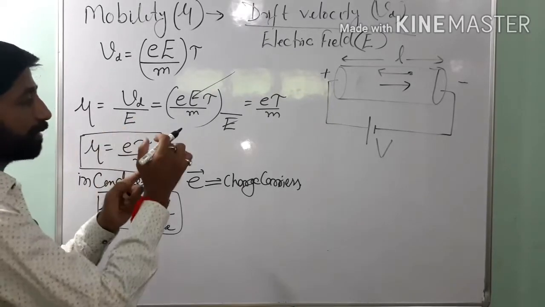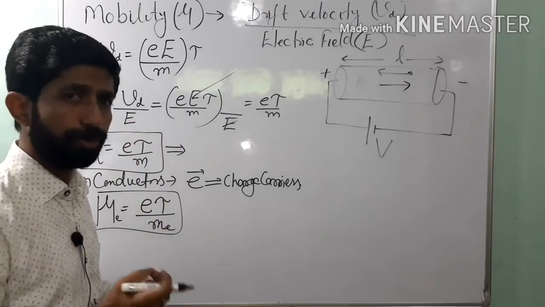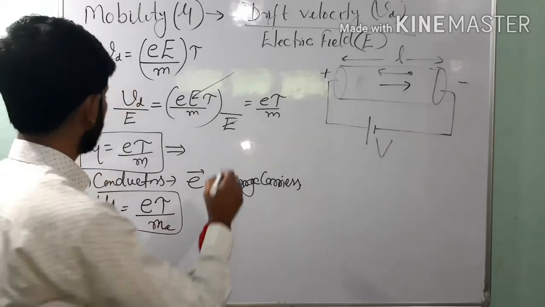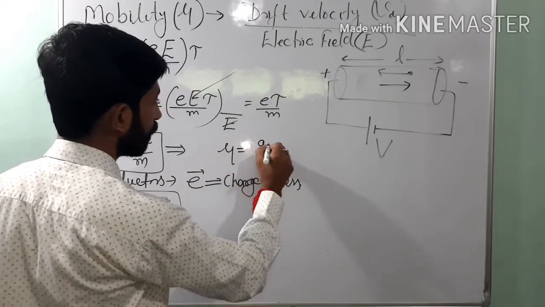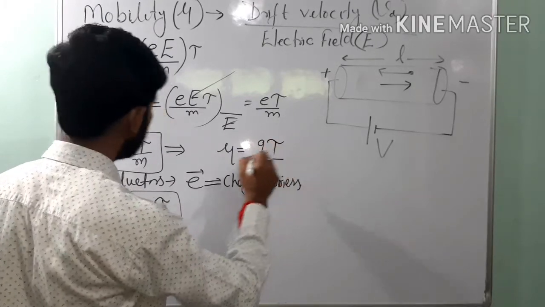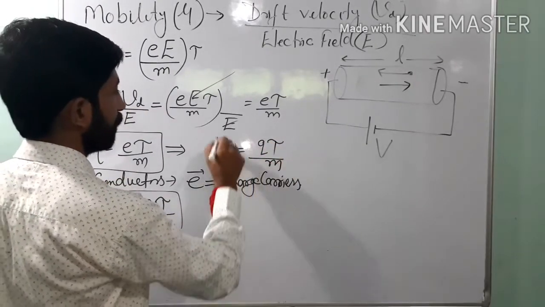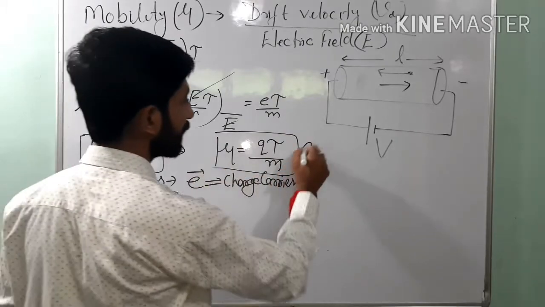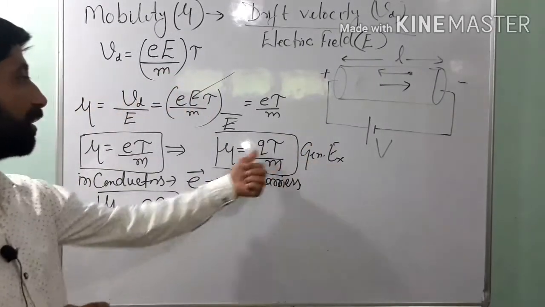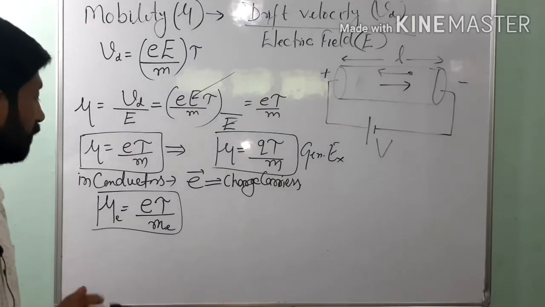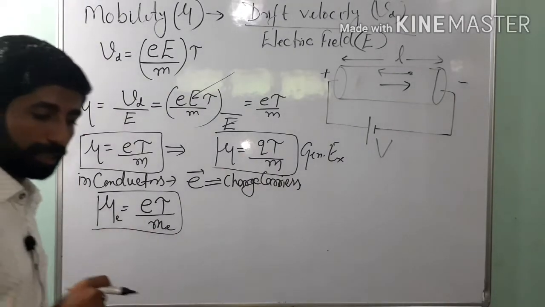This e will be replaced by a general notation, small q. So mu is equal to q multiplied by tau over m. This is the general expression for the mobility of charge carriers. Okay, so this is for electron.